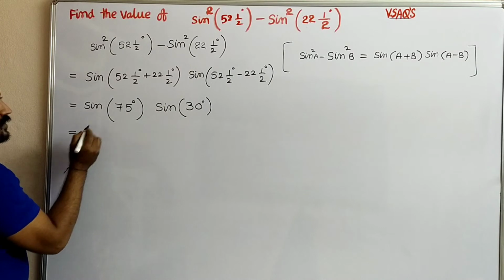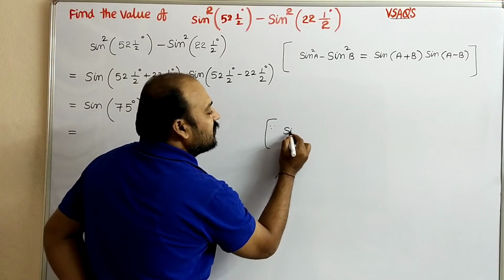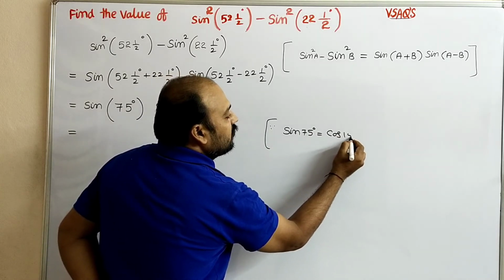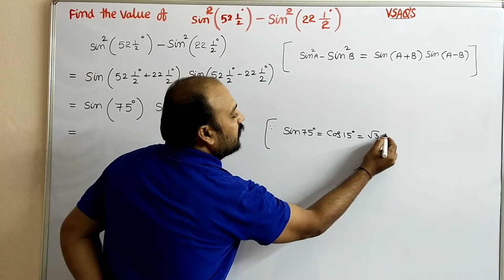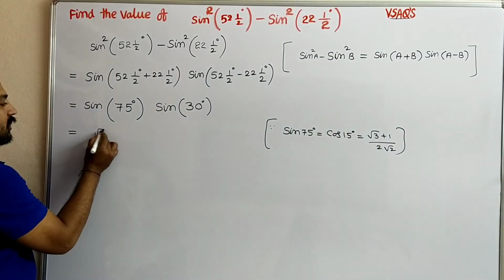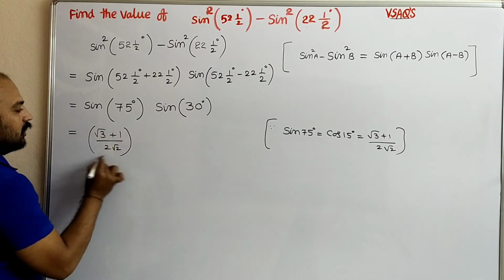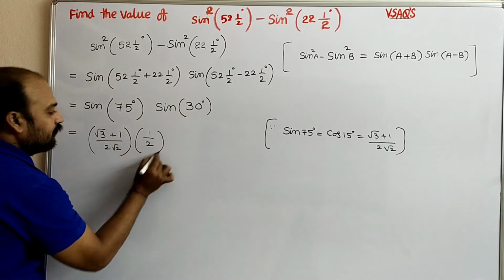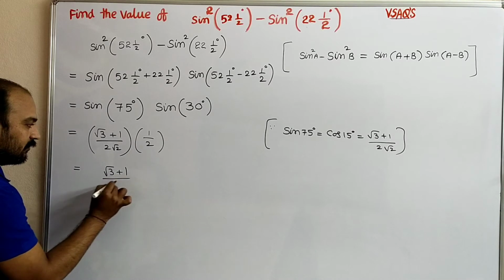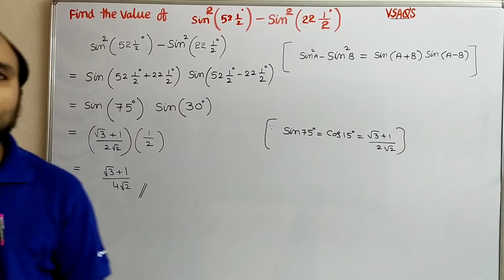So sin of 75, we already discussed that sin 75 and cos 15 both values are equal to root 3 plus 1 divided by 2 root 2. So now root 3 plus 1 divided by 2 root 2 into sin 30, 1 by 2, which is equal to root 3 plus 1 divided by 4 root 2. We'll move to the next question.